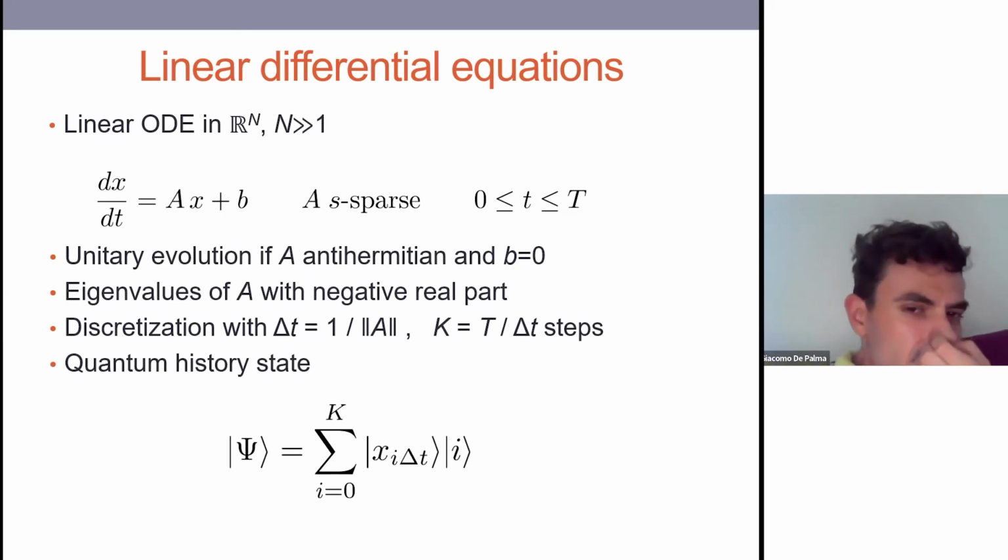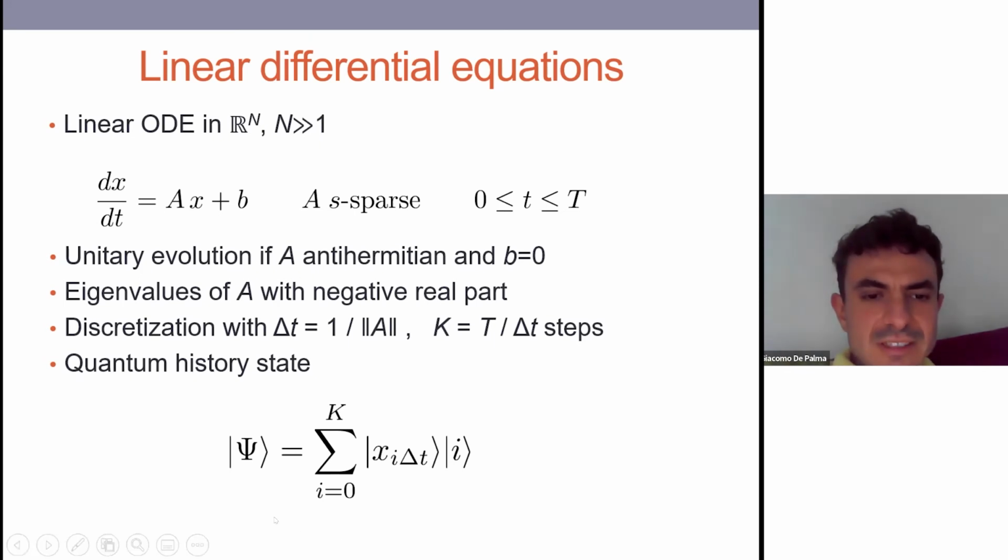So the idea is to consider what is called the quantum history state of the evolution. And what is the history state? This history state is a quantum state of two registers. The first register encodes the solution of the equation at time t.